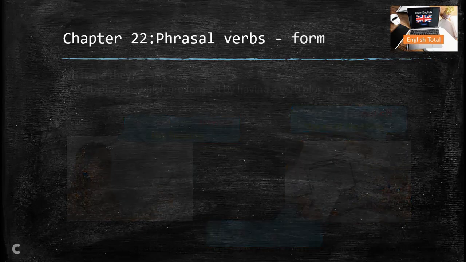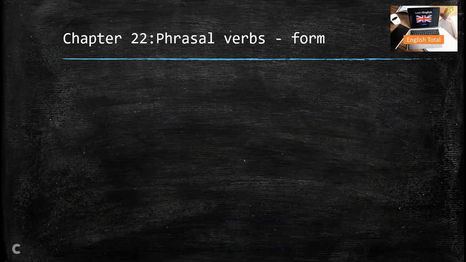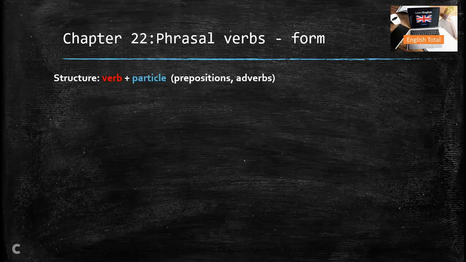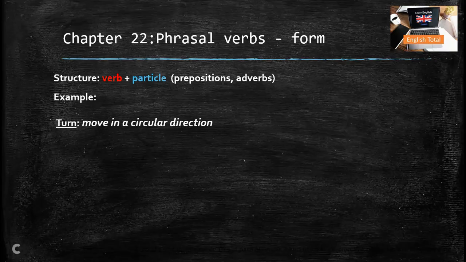Great, let's dig a little deeper. As we saw in the examples, phrasal verbs are formed by having a verb and particle, often a preposition or an adverb, which often changes the usual meaning of the verb. Here are two examples. The first is the verb to turn, which means to move in a circular direction.